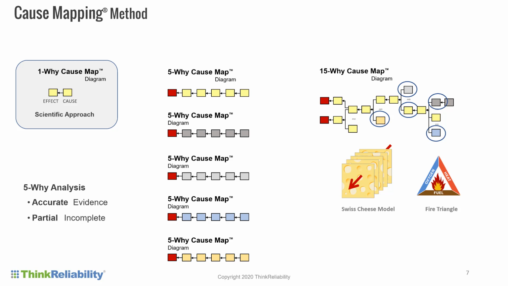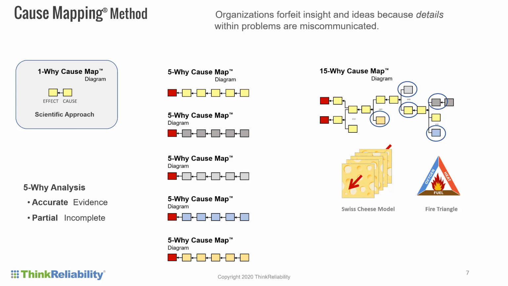But these metaphors almost confuse what fundamentally is going on within an organization. Companies are forfeiting an incredible amount of insight and ideas because details within problems are being miscommunicated between frontline and technical leads and managers. If you have groups that are biased between using terminology like what's the root cause and then they disagree, you can have 2 or 3 different people arguing about who is right.